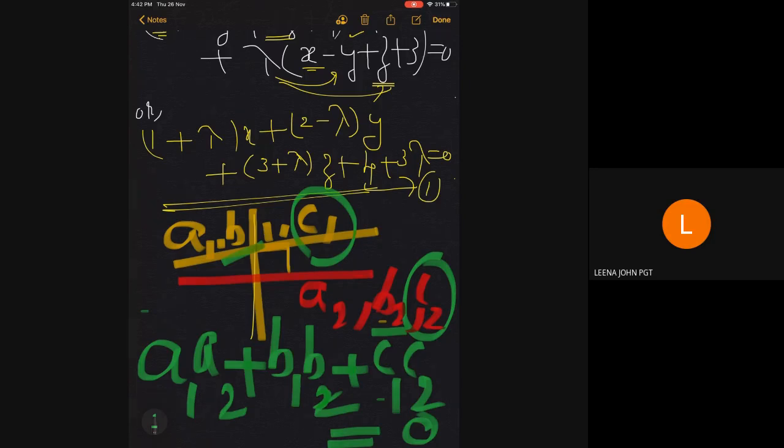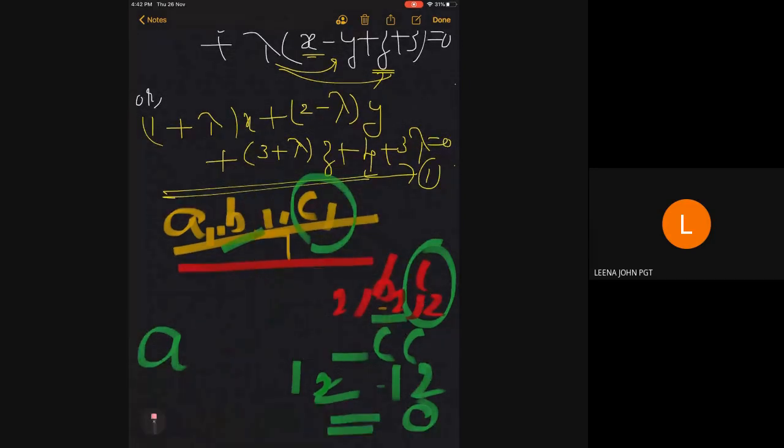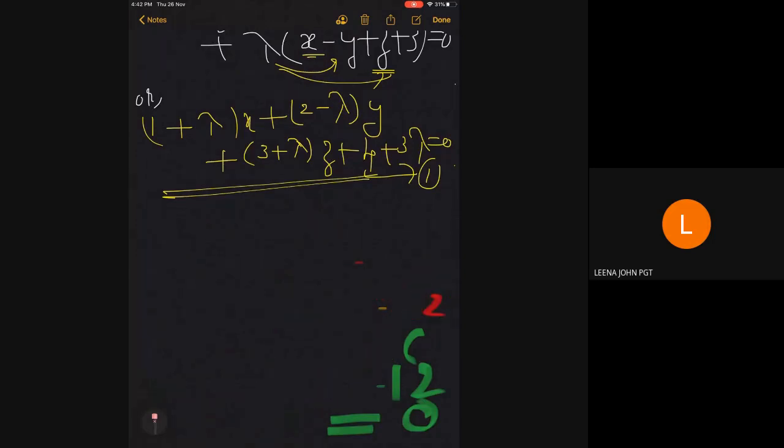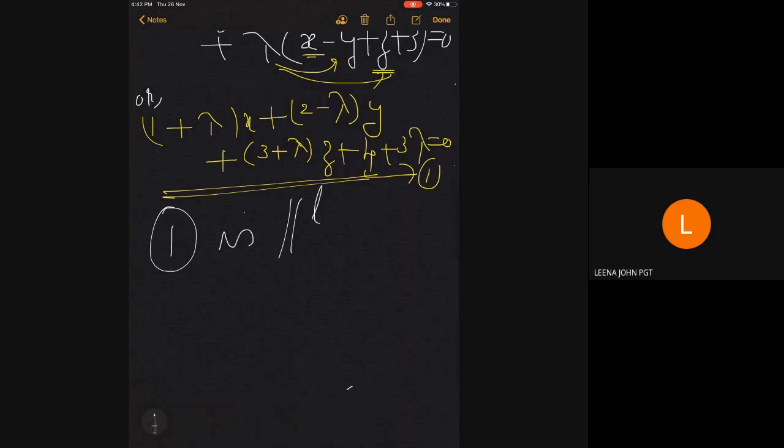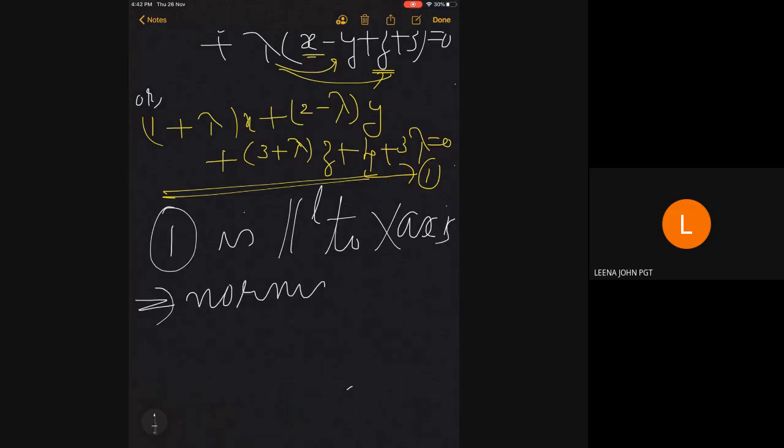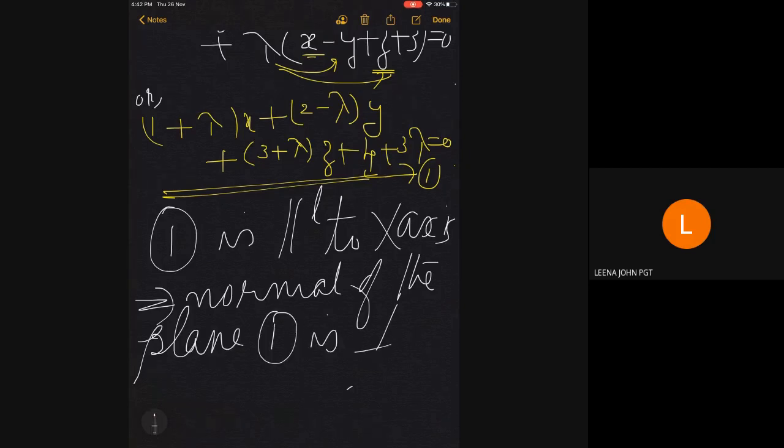So what do we have to write next? Next we will just see that our required plane is parallel to x-axis as per given, which implies that the normal of the required plane is perpendicular to x-axis, which I have shown you in the GeoGebra graph.